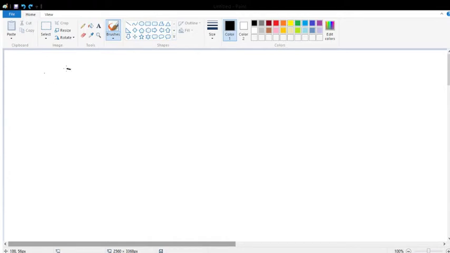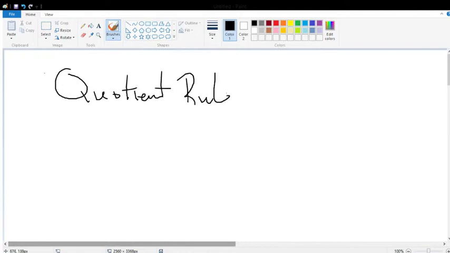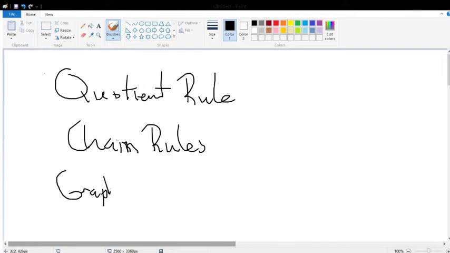We covered the quotient rule and the chain rule of derivatives, and we also talked about the graph of f prime, or you also might see it written like that. Yeah, very messy. I know.